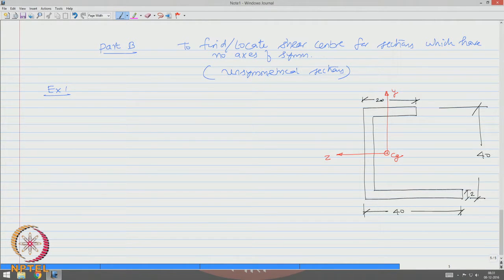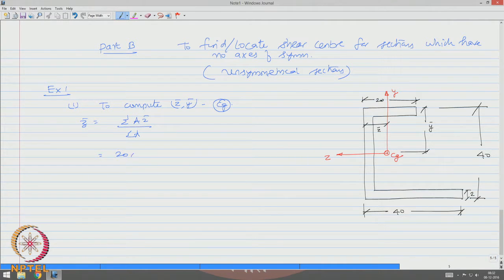So, now let us call this distance z bar and this distance y bar. The first step is to compute z bar and y bar, which are the coordinates of the CG. So, we will use z bar equals sigma a z bar by sigma a.